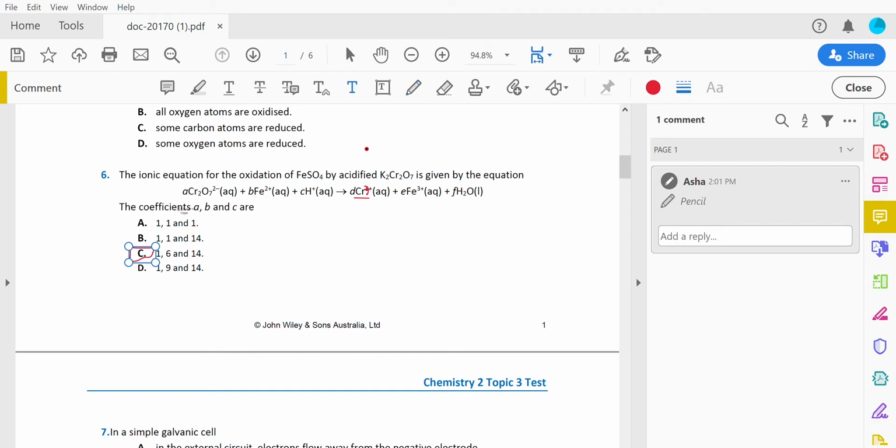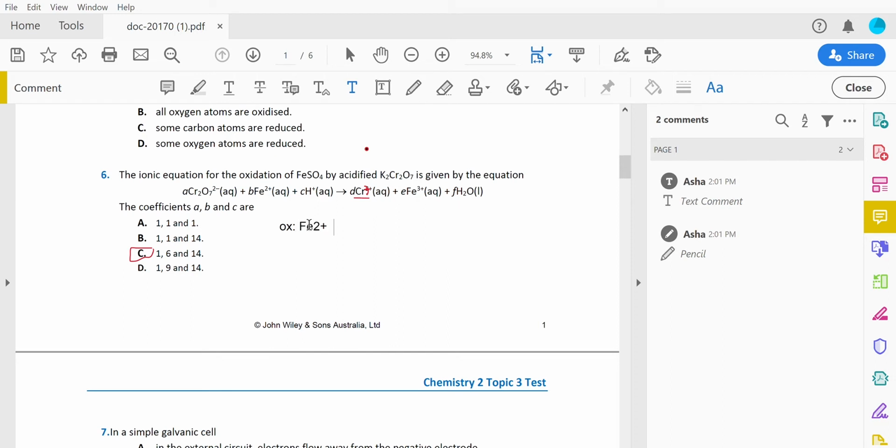Now, in order to work out what all the coefficients are going to be for this full equation, we need to look at the half equations. So, for oxidation, well, it's the oxidation of iron sulfate. Sulfate is a spectator ion, so therefore oxidation is Fe2+.